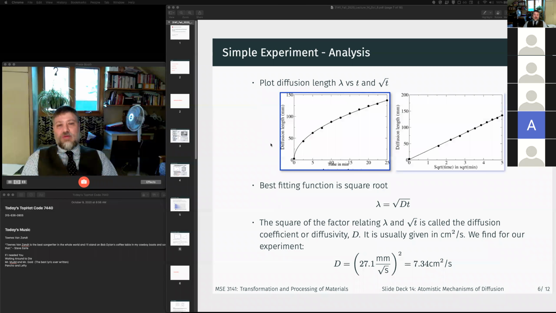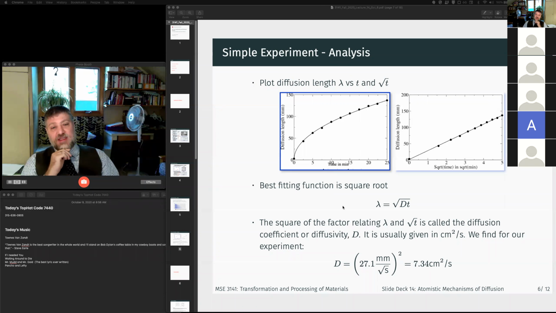If we plot the diffusion length versus time, we notice that the diffusion length is monotonically increasing, but the rate of growth is decreasing with time.